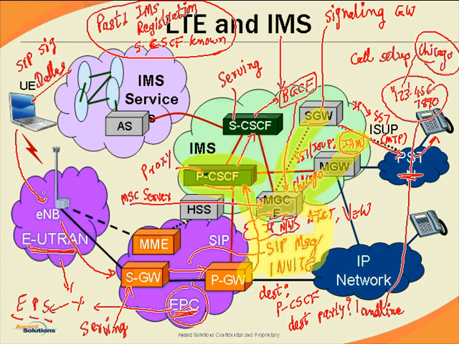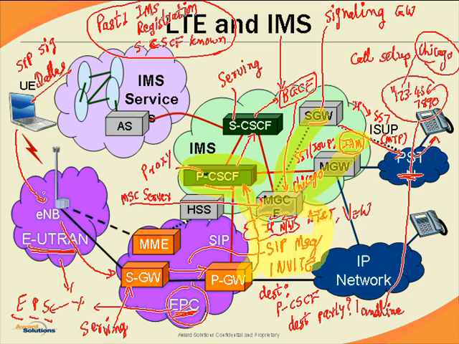Once the call is set up and the other party has answered our call, then what will happen? Then the media will be traveling. How will the media travel? The medium is voice over IP. Let me use a different color so that it is clear.